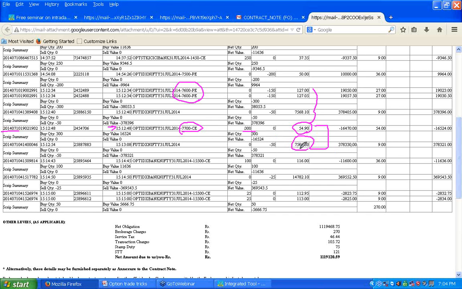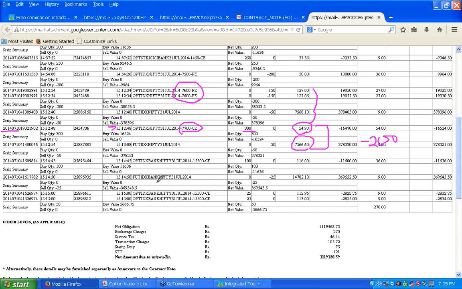Considering 200 points of losses we have taken approximately on the future, at the same time I have got some good gains in these options, so it offsets that trade.